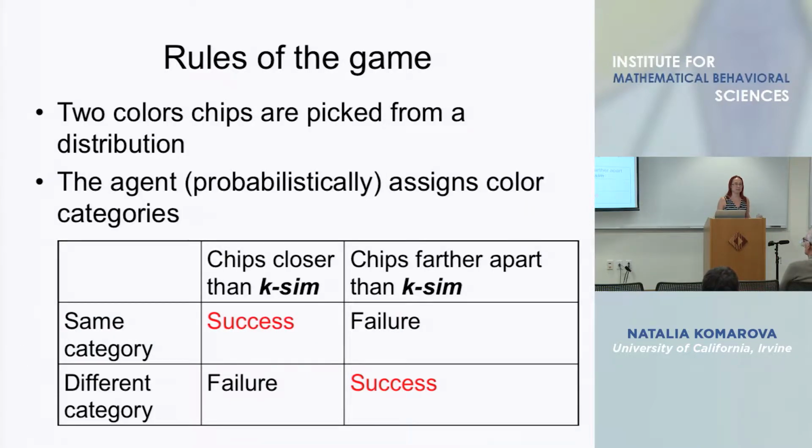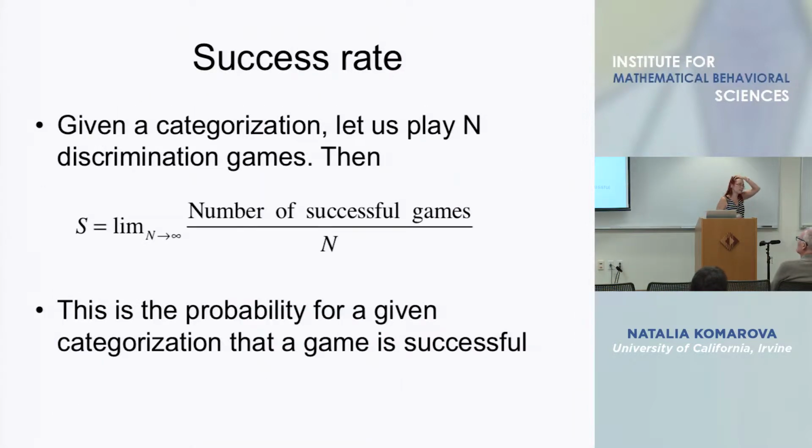And we can formalize it mathematically. What does it mean to be close or far? We just set a distance of k units apart. And if they're within k in the space, they're similar. Now we can define success rate, and we can define our optimization problem.